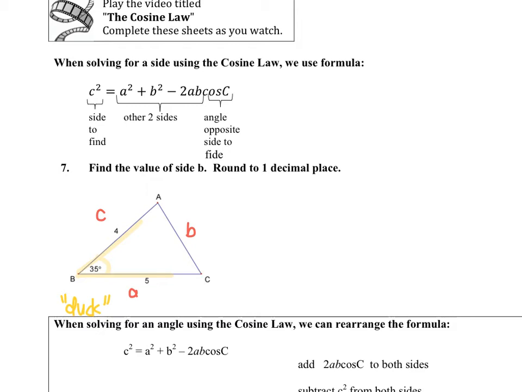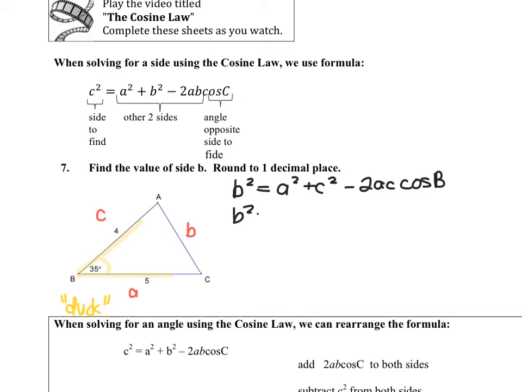So here's what our cosine law is going to look like when we're trying to solve for b instead of the c that our equation is given. So b squared, the side I'm looking for squared, is equal to the other two sides, a squared plus c squared, minus double the other two sides, and then times cos of that opposite angle, B. So the outside letters have to match: the c here with the angle C, the b here with the angle B. Now you're just plugging everything in.